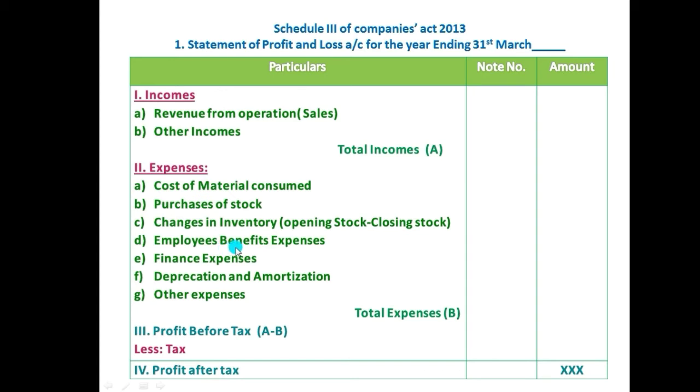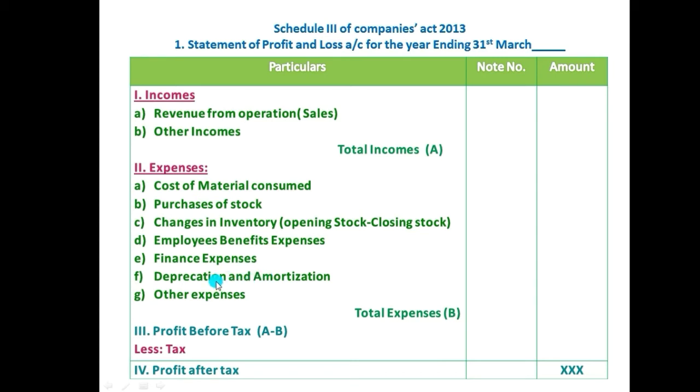Next is employee benefit expenses. Under employee benefit expenses, whatever expenses are paid by the company to its employees, we need to record. Next is finance expenses or finance cost. Under finance cost, we record only interest paid by the company on its borrowings. Next is depreciation and amortization. Depreciation and amortization is a loss of the company.